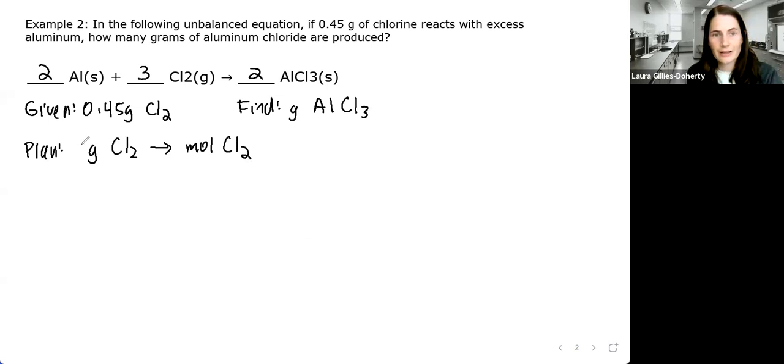So you got to find a way to go from what you're given to moles of that to be able to use stoichiometry to do the conversions across the whole equation. So once we have moles of chlorine, then we can use our chemical equation to convert moles of chlorine to moles of our product, aluminum chloride. And after we calculate moles of aluminum chloride, we can use the molar mass to calculate grams of aluminum chloride.